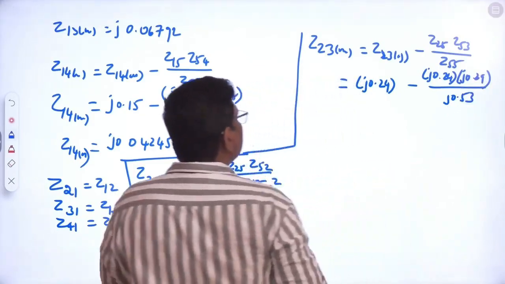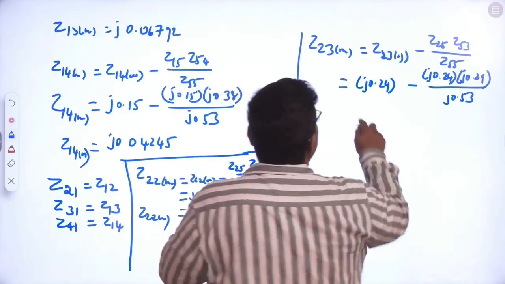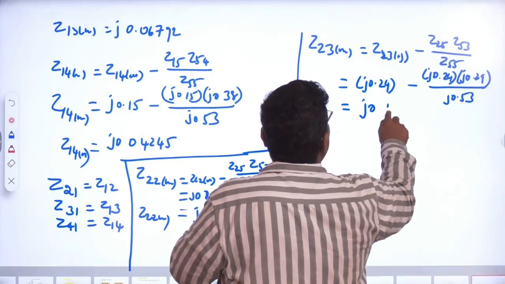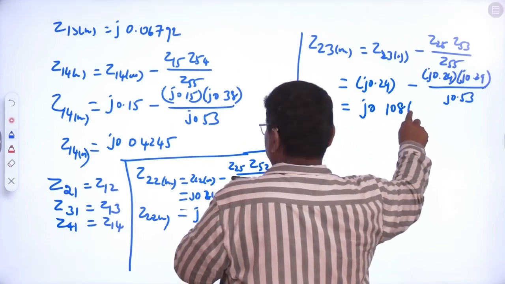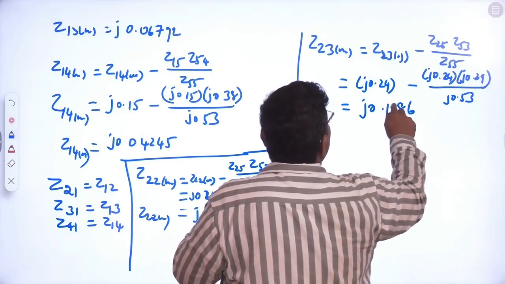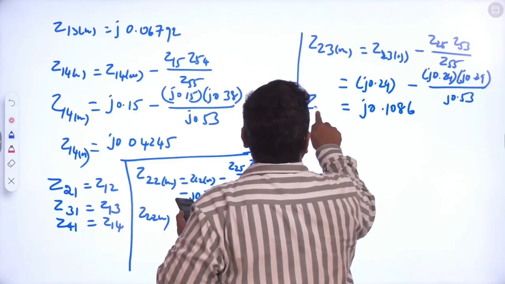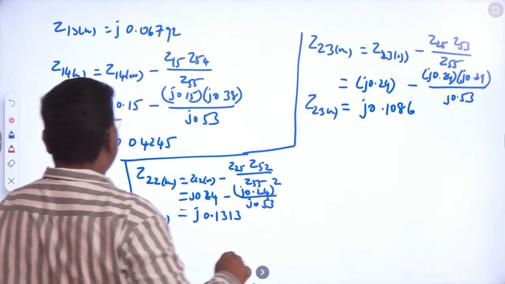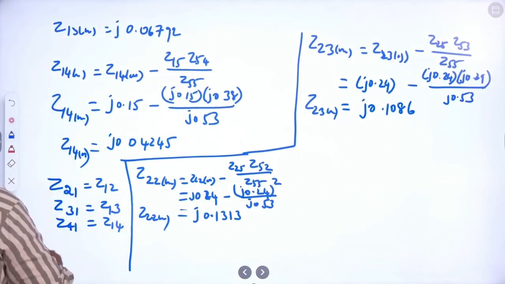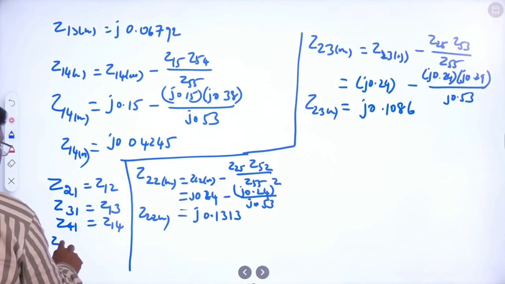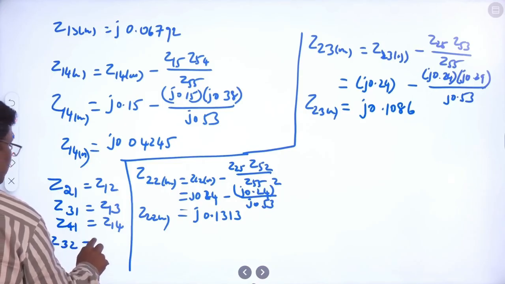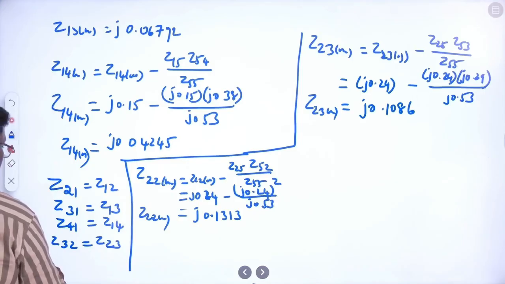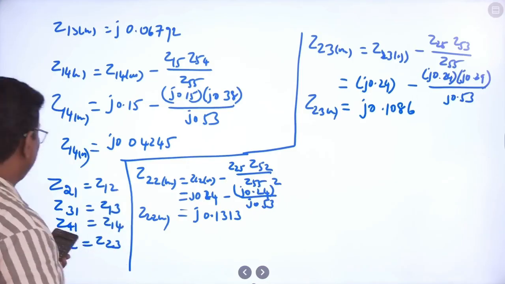Okay, so answer is j0.1086, that is Z23 new. Okay. So as per the square matrix property, Z32 equal to Z23. Okay.